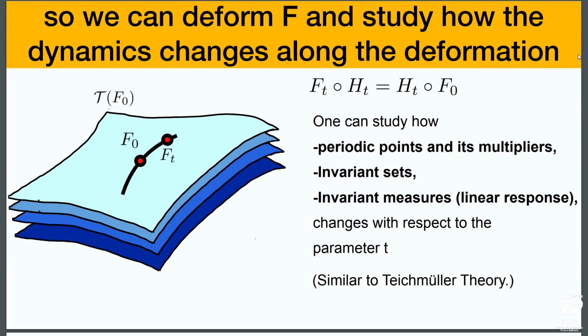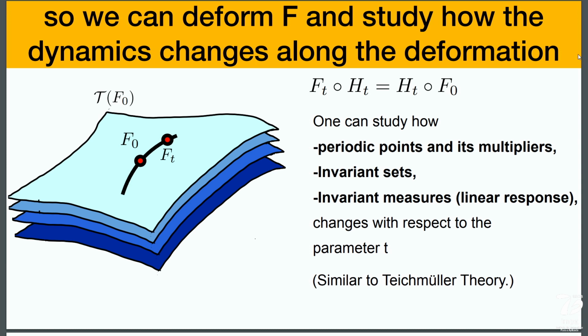You saw something about this in the Benini talk. You can ask about the periodic points, how they move when you move in a smooth family inside the topological class, the multipliers, the invariant sets, the invariant measures. This is something that I worked on a lot with Viviane Baladi. So there are many questions you can ask.